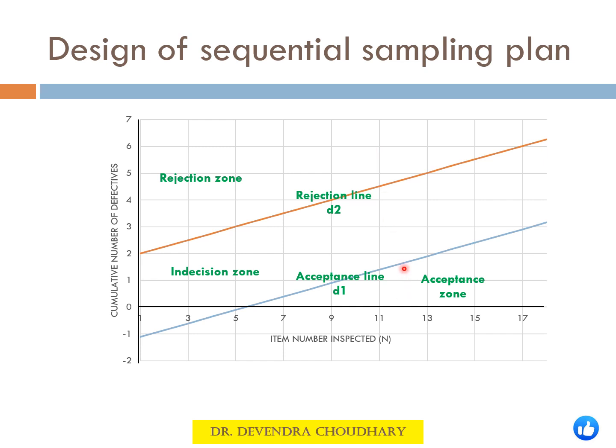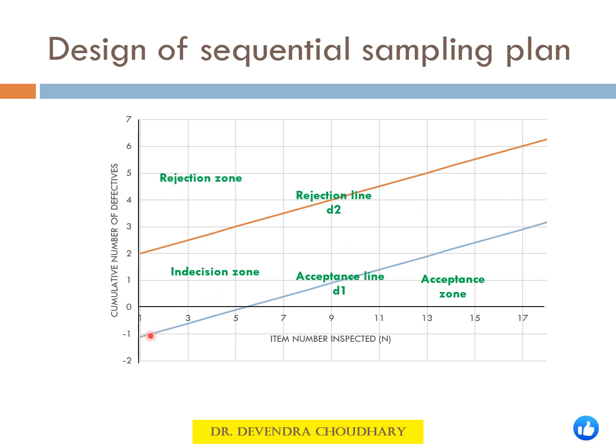If it falls on or below this acceptance line, the lot is accepted, and if a point falls within these two lines, then we continue our sampling.